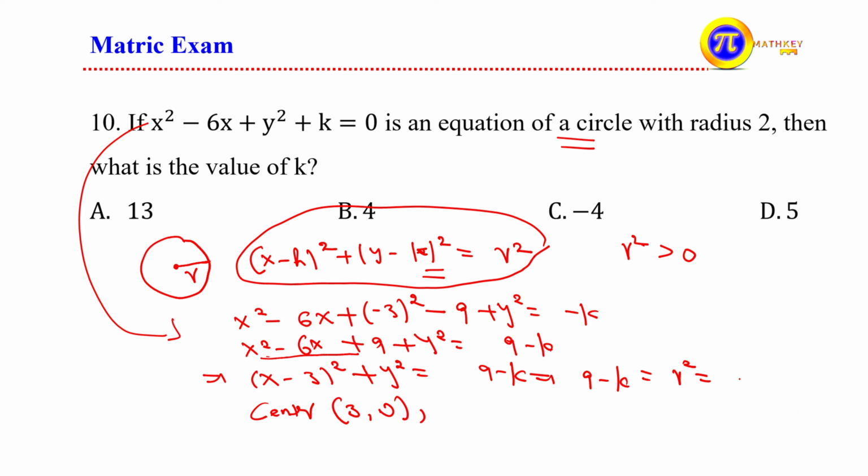Our r is given as 2, so 2 squared. That implies 9 minus k is equal to what? 4. What is the value of k? Which implies the value of k must be 9 minus 4, that is 5. So from the choices the correct answer is D.